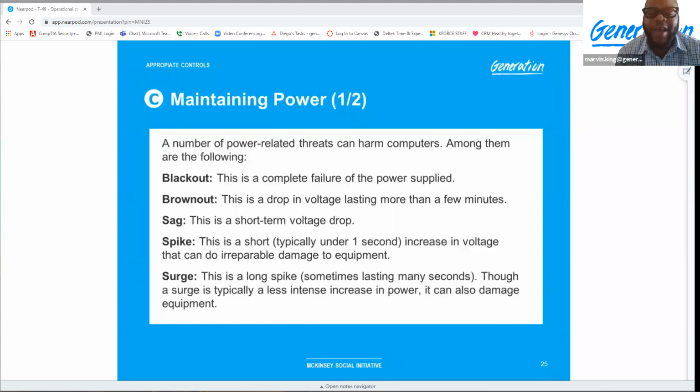Thank you, sir. I want to go back over this. So blackout, we are probably all aware of. When a city block hits complete darkness, we call it a blackout.